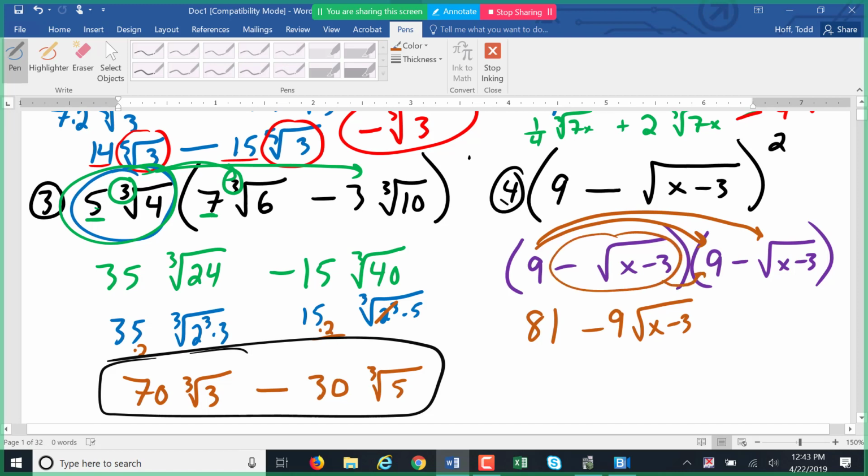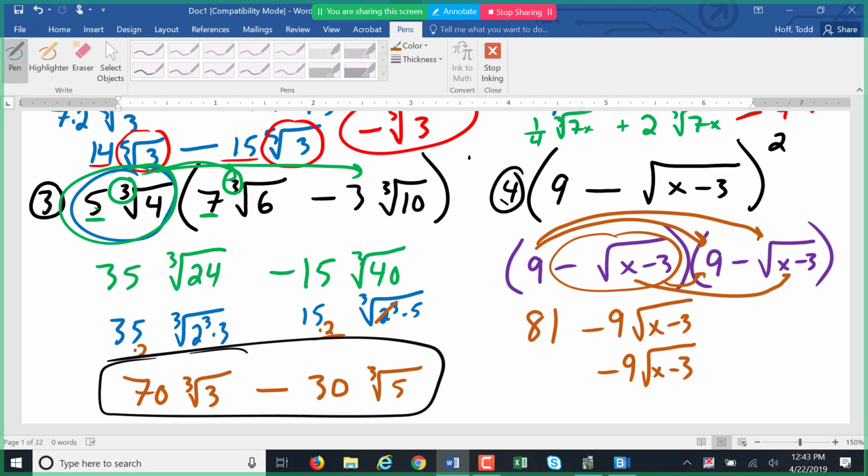Negative square root of x minus 3 times 9 is another negative 9 times the square root of x minus 3. Negative square root of x minus 3 times a negative square root of x minus 3. Well, negative times a negative is a positive. A square root of x minus 3 times the square root of x minus 3 is simply x minus 3.